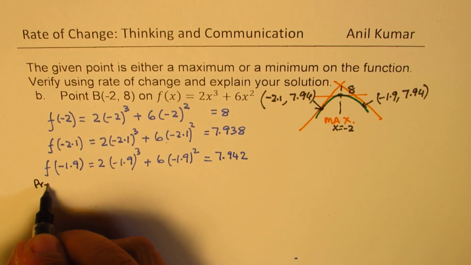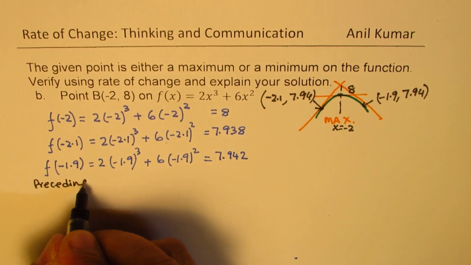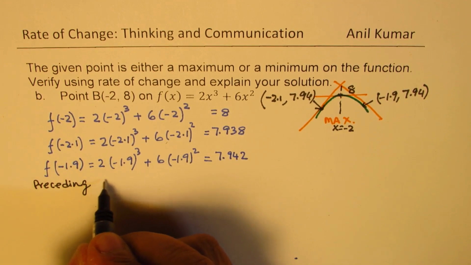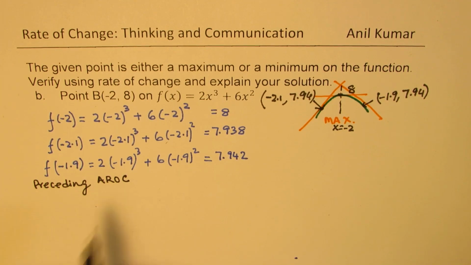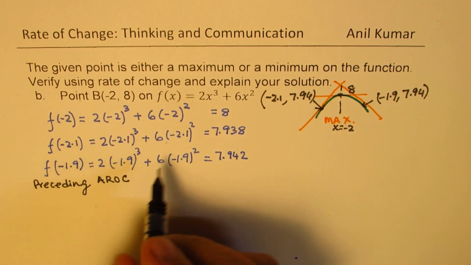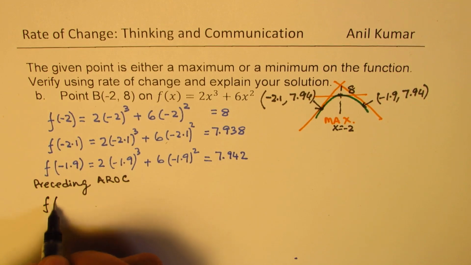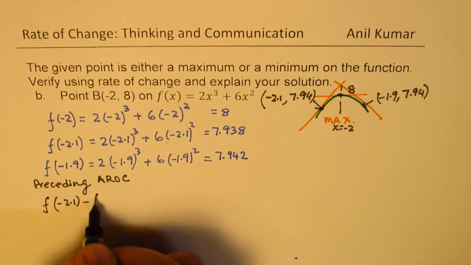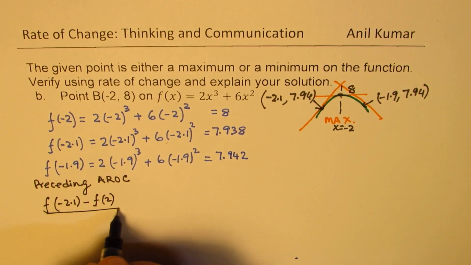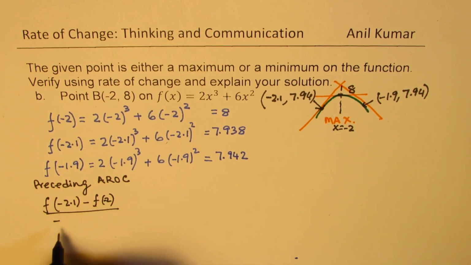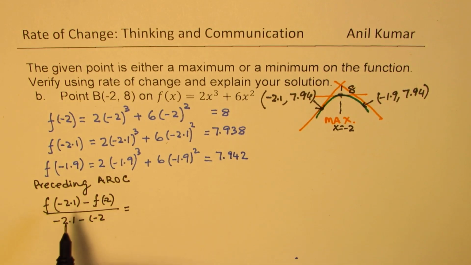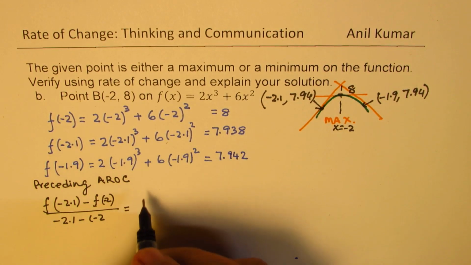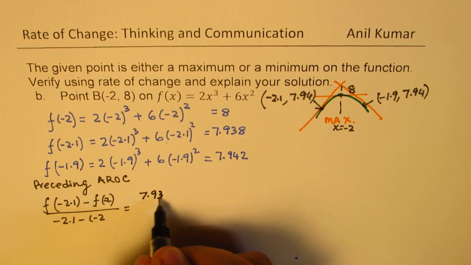So let's calculate the preceding average rate of change. In that case, we are going to use f(-2.1) minus f(-2) over -2.1 minus (-2). So for -2.1, the value was 7.938.